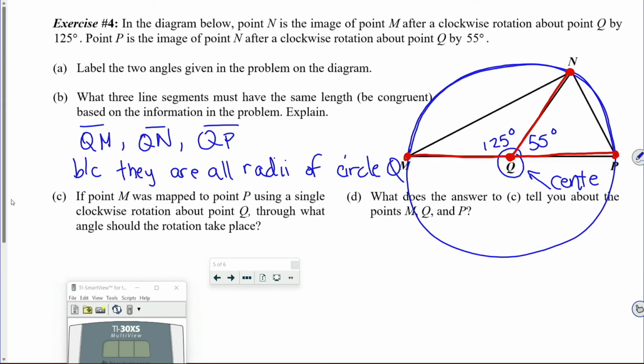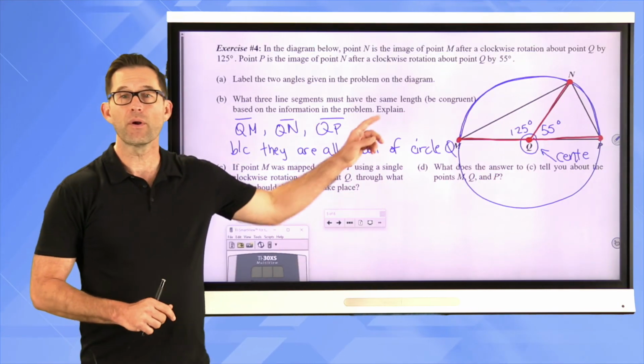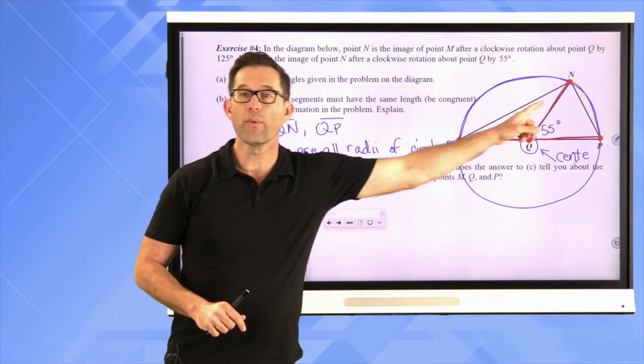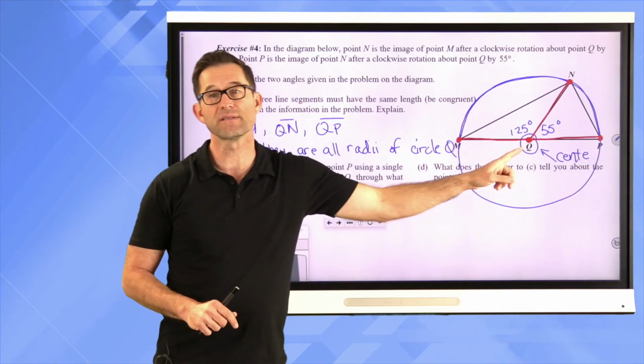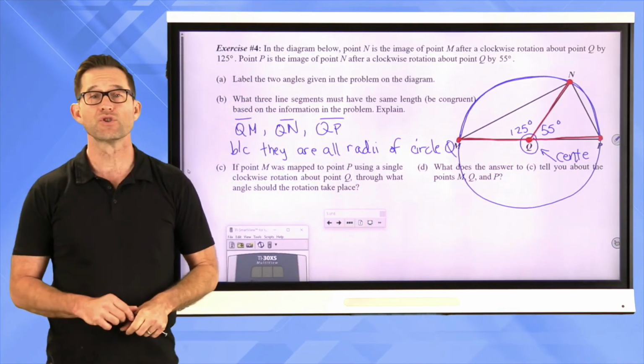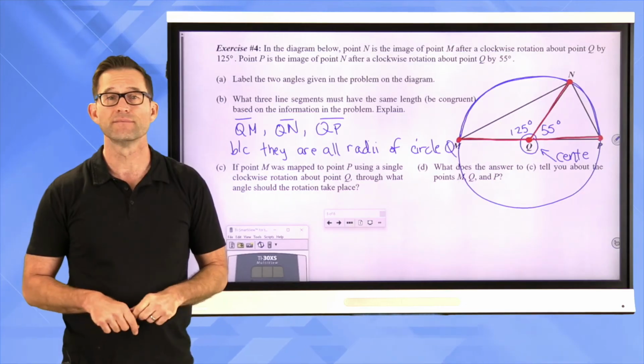If point M was mapped to point P using a single clockwise rotation about point Q, through what angle should the rotation take place? So if I want to rotate point M all the way over to point P, using Q as the center point, what angle should I use? Pause the video now.